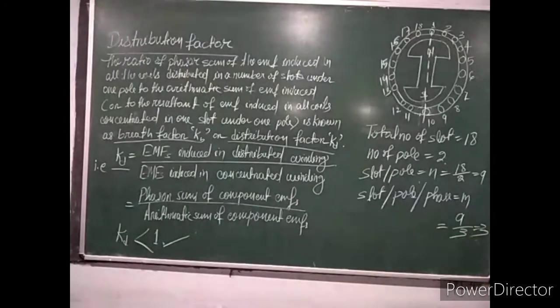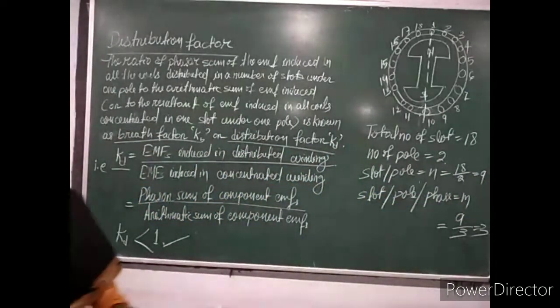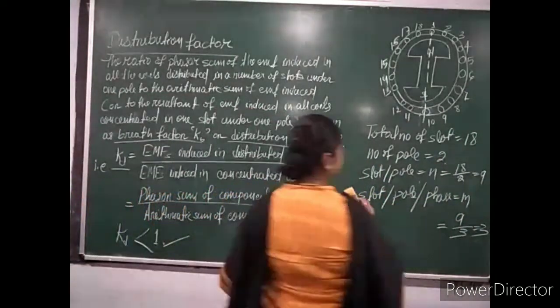Okay. So maybe in a given machine you get m slots per pole per phase. So let us consider m slots per pole per phase.